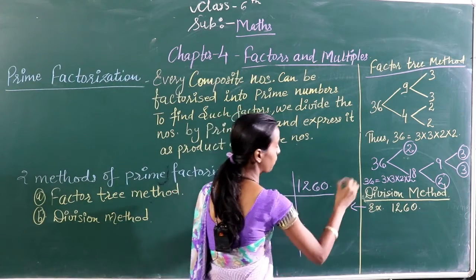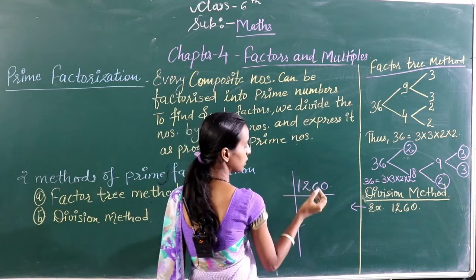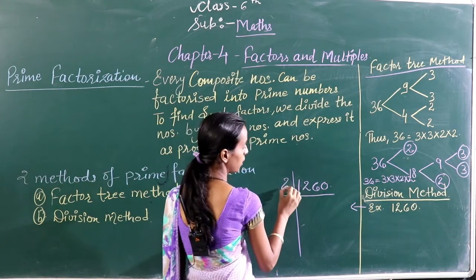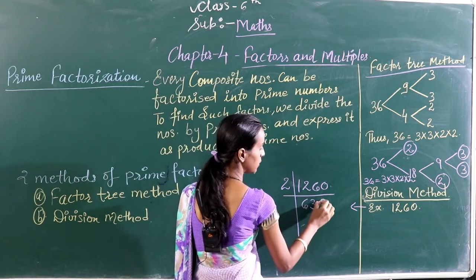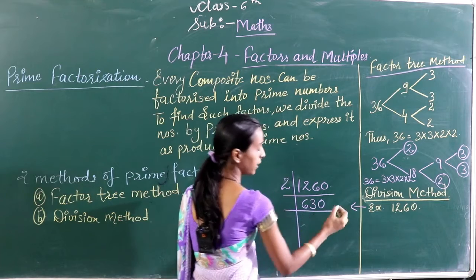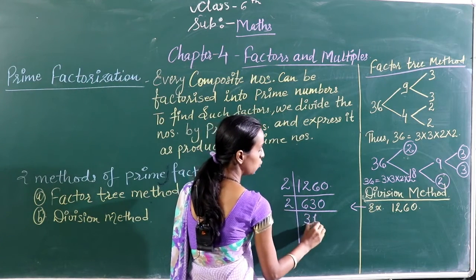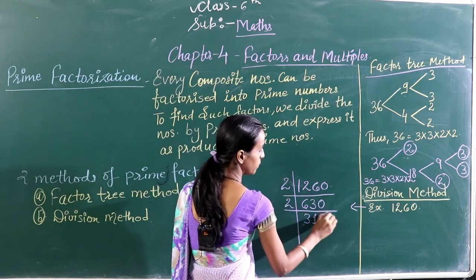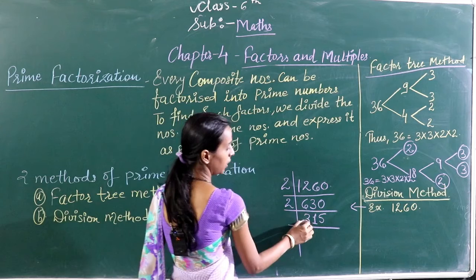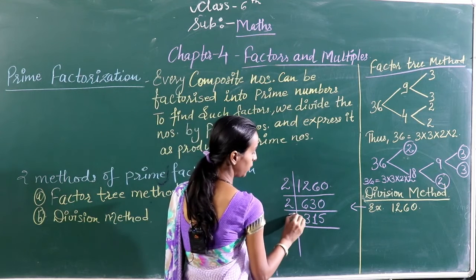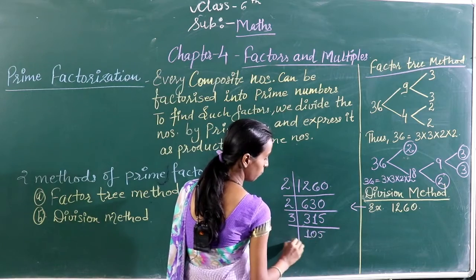We have to find prime factors, so we will divide using prime numbers. 2 is the smallest prime number, so if I take 2 here, 2 6s are 12, 2 3s are 6 and 0 as it is. Again divided by 2, 2 3s are 6, 2 1s are 2, 2 5s are 10. Now it will be divided by 3, 3 1s are 3 and 3 5s are 15.